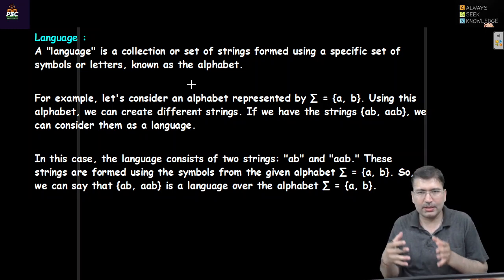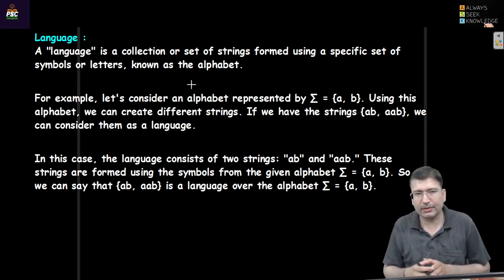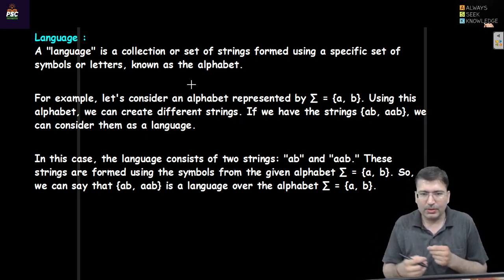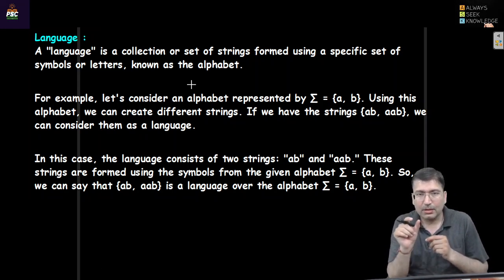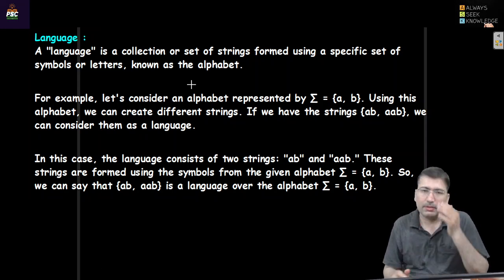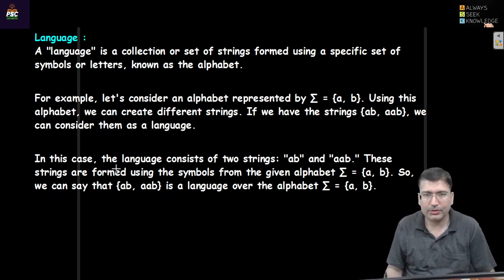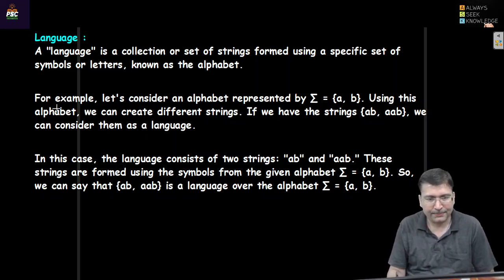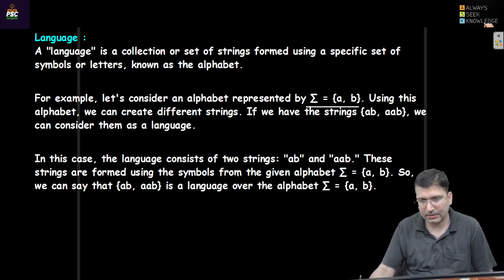Hindi or Sanskrit has its own set of alphabet. So what is a language? It is a collection of strings, and those strings will be defined over the given alphabet, or set of symbols, right?